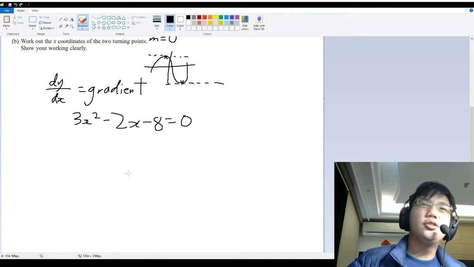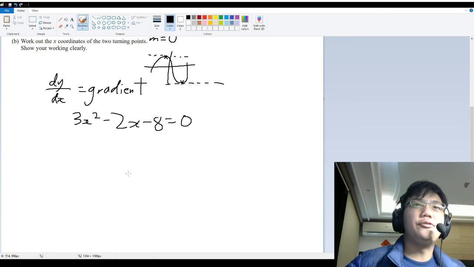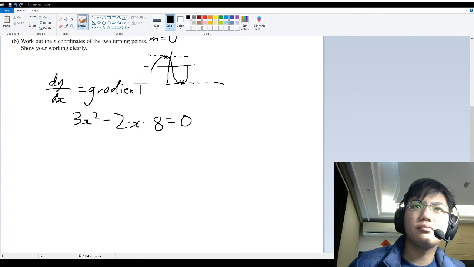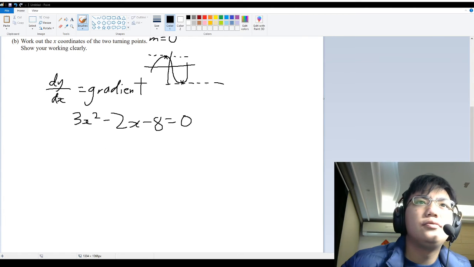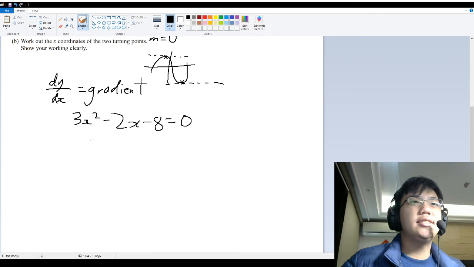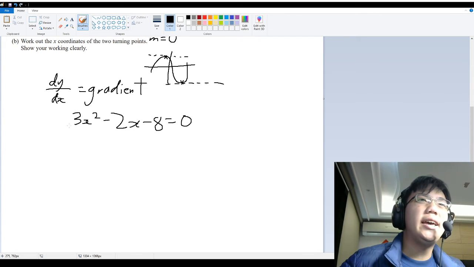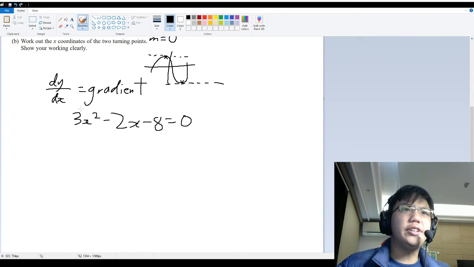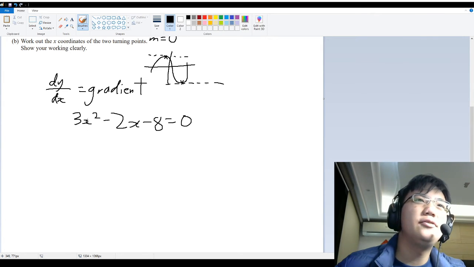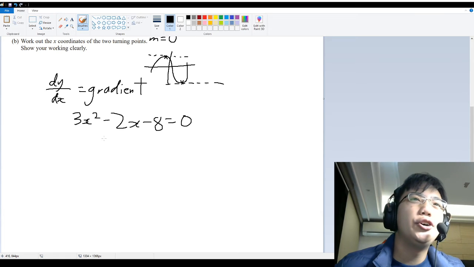So next we should factorize this equation to find the two turning points. To factorize an equation with a coefficient for the x squared value, it's a little more complex.